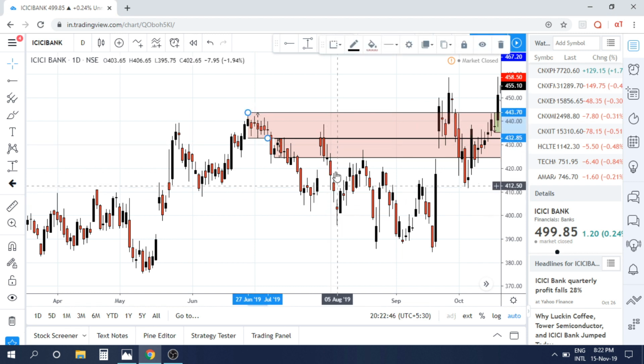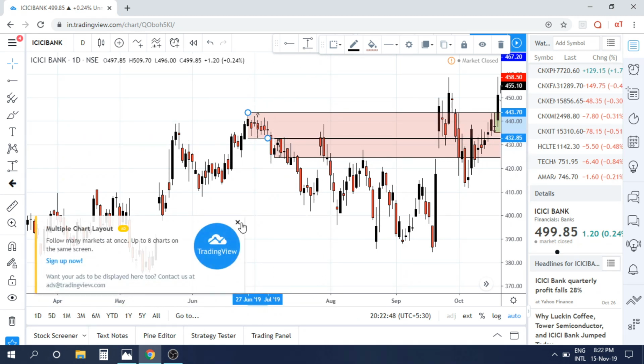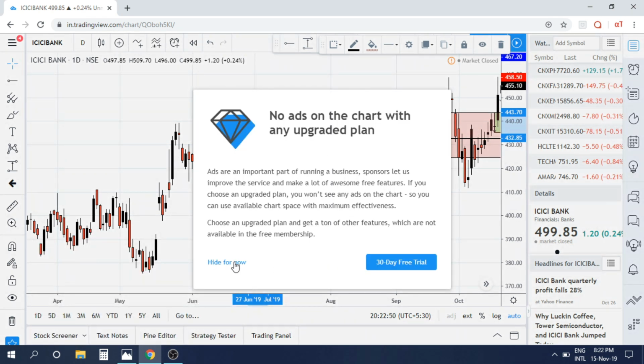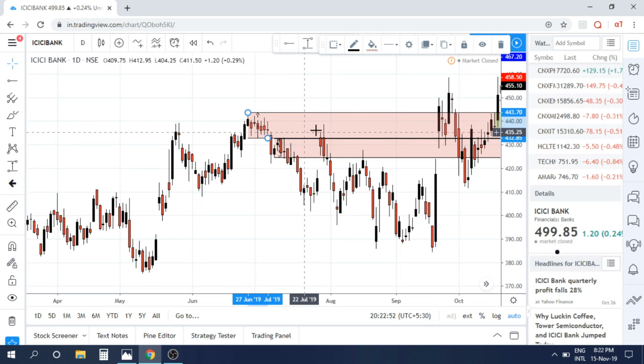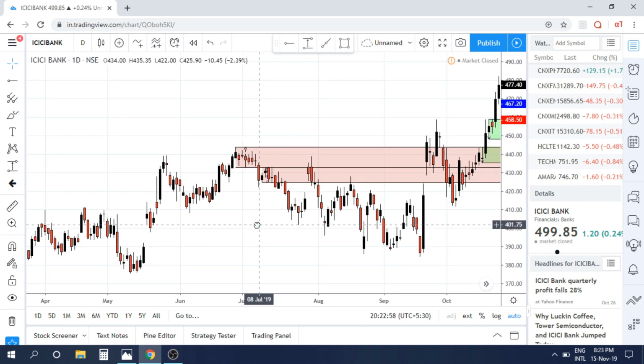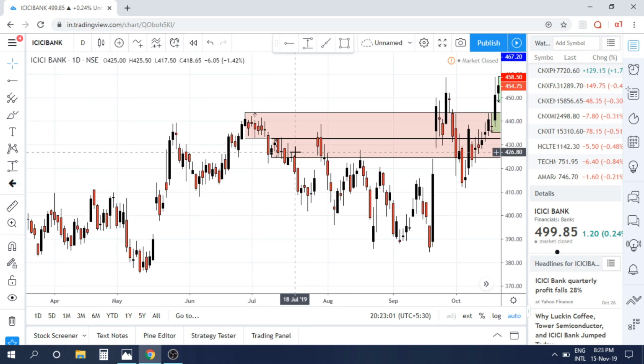So the pending orders were actually placed in the upper zone among these two stack zones, right? Then price dropped from there. So this is an example on the opposite side.